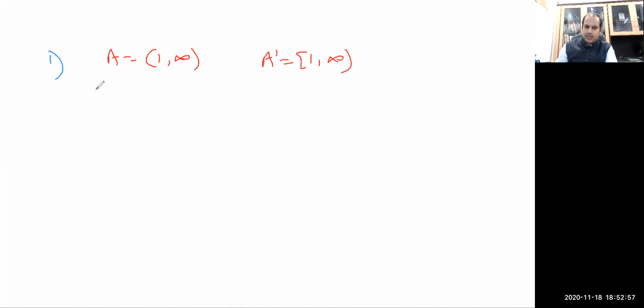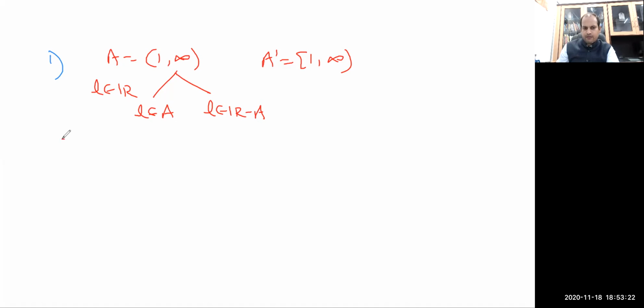So we need to check: suppose L is any real number, because we know that for a limit point, L belongs to R. Here we have two choices for this set, whether L belongs to A or L belongs to R minus A. So we need to look at every real number L from the set and L outside the set.